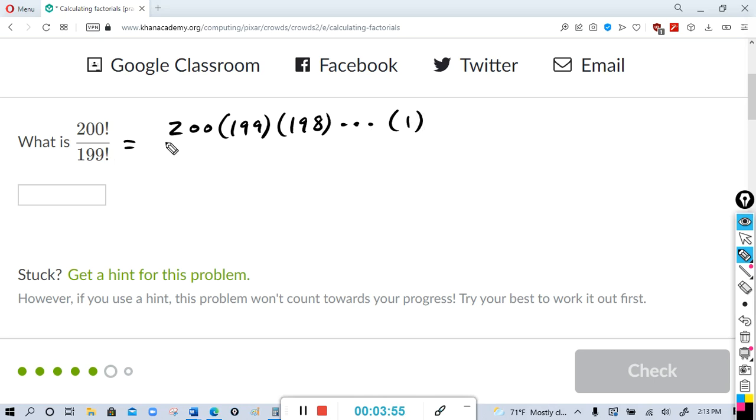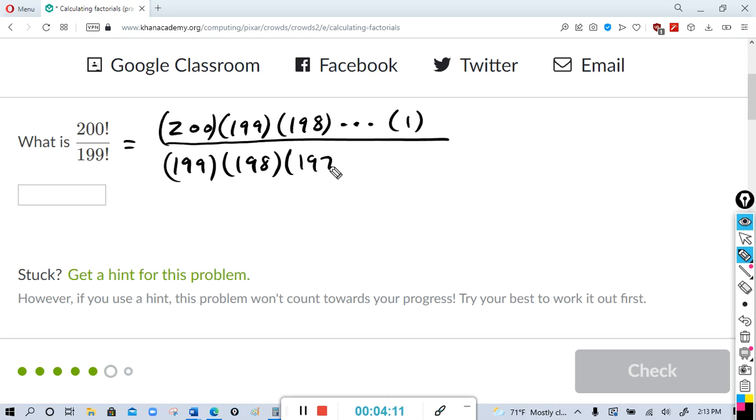And 199 factorial is in the denominator. That's going to be 199 times 198 times 197, and it keeps going until you get down to the number 1.